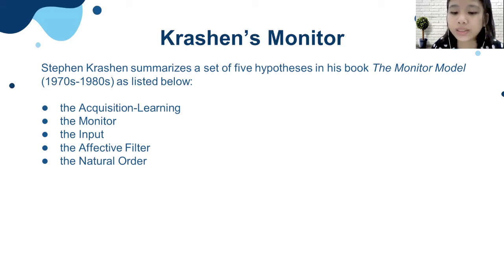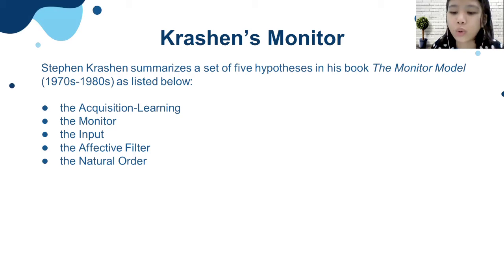According to this hypothesis, the learner improves and progresses along the natural order when they receive second language input that is one step beyond their current stage of linguistic competence. For example, if a learner is at a stage i, then acquisition takes place when they are exposed to comprehensible input that belongs to level i plus 1.